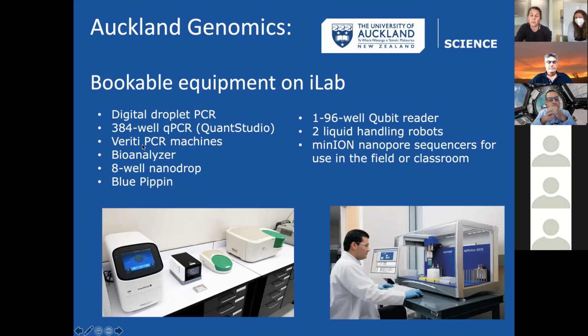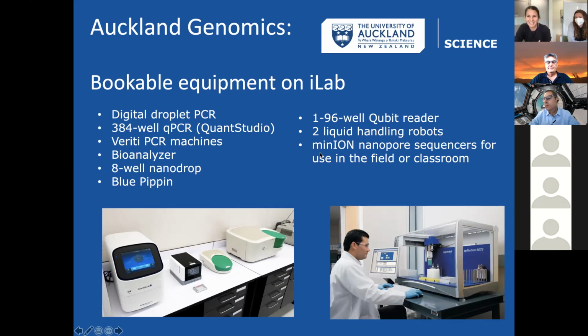We have a whole range of PCR machines, obviously, that anyone can use. Bioanalyzer, NanoDrop, Blue Pippin for isolating and selecting DNA at different sizes. We have Qubit, and we can do 96 well plate or even 384 well plate Qubit reading. We have 2 liquid handling robots. We have EPMotion and a Biomek robot.